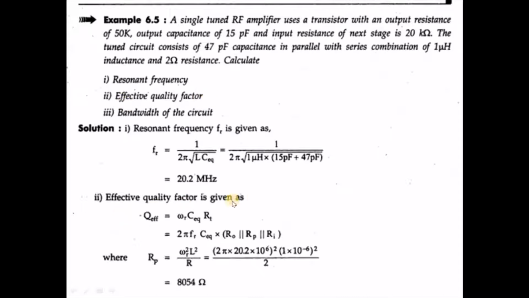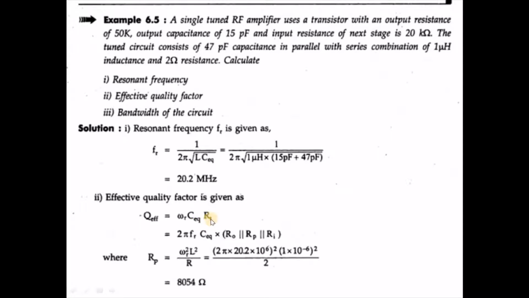Okay, so next we have to find out the effective quality factor. The effective quality factor in the sense after connecting the load. So the second stage input impedance will get added to our stage 1 output. Therefore, the effective quality factor will be given as omega R into C equivalent into RT.